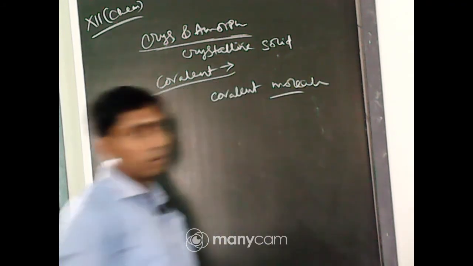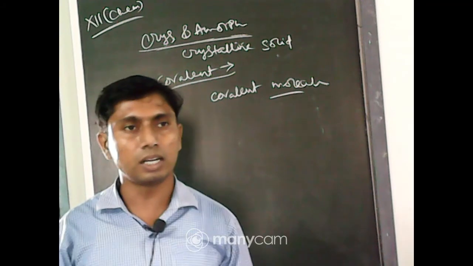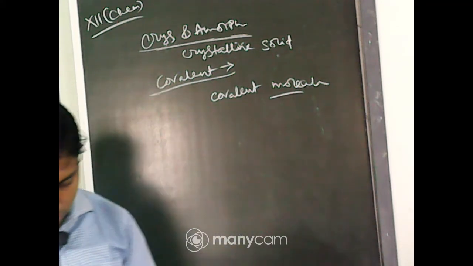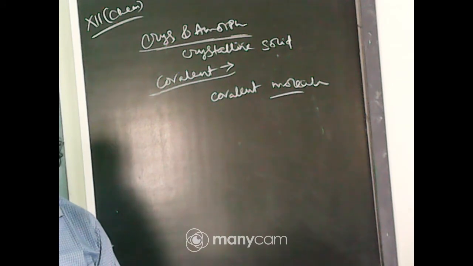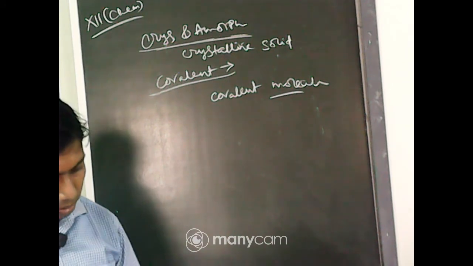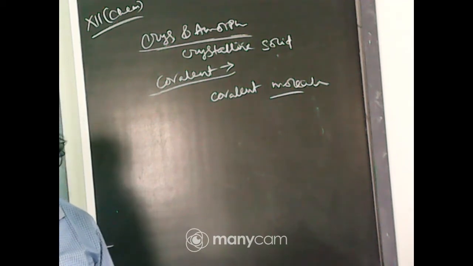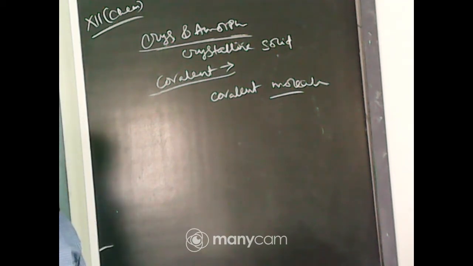You can give lots of examples regarding covalent solids. Some of these are diamond and silicon carbide. PCl5 and BCl3 are poor conductors of electricity, and these generally have high melting points because of the covalent bonding, as you can see in diamond.